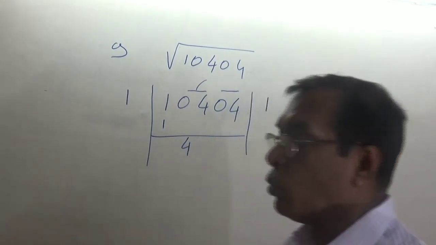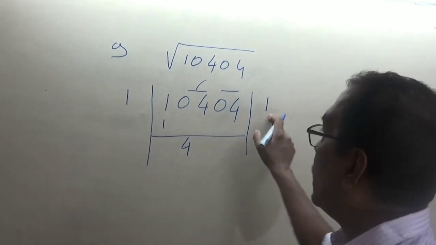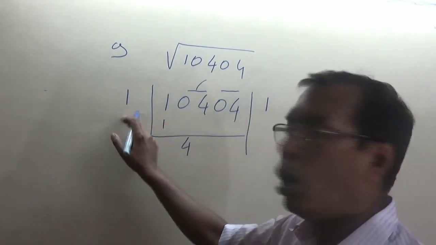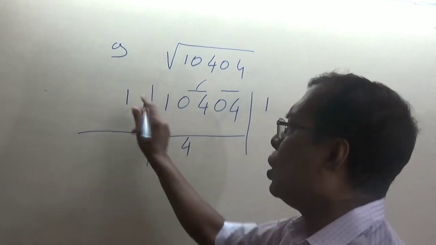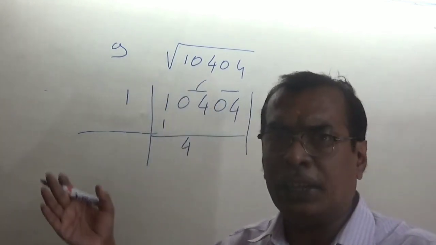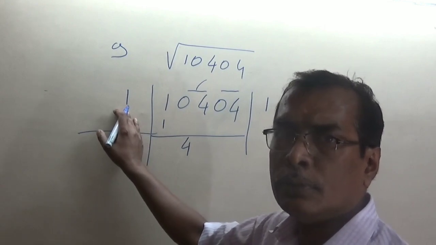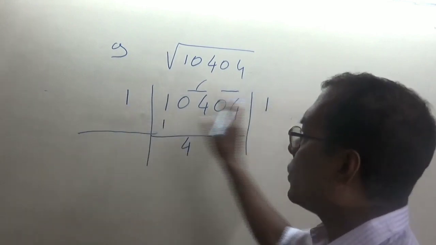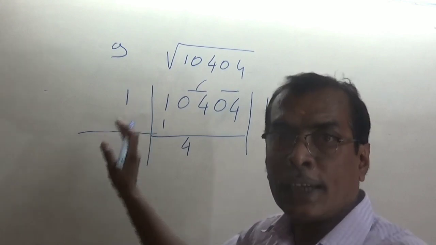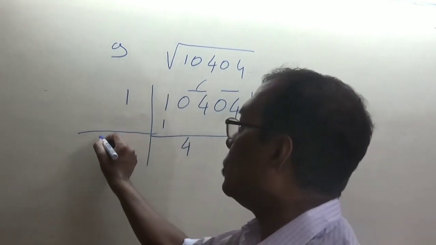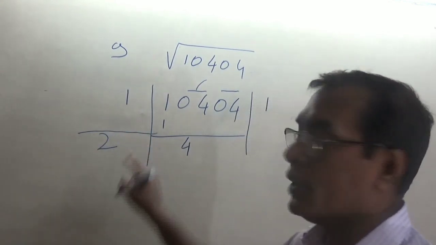That is only 4. Am I right? Isn't it? Now what I have told you is that this one you have to add with it. Always writing 1 is not required. Mentally just add it. You will have to add 1 with this. That is 1 plus 1 is 2. What I have told you is that 2 you will have to write after leaving one space here.